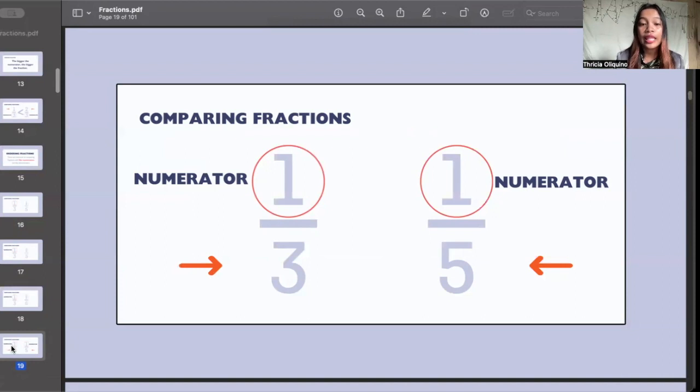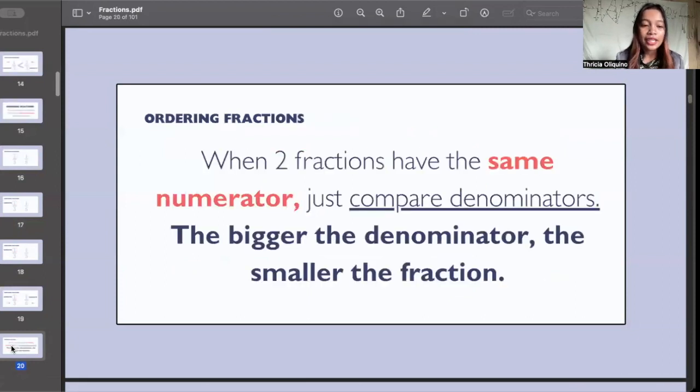We're going to look at the denominator. But here's the catch. When we are comparing fractions with the same numerator, the way is like this. When the denominator is bigger, the fraction is smaller. Bigger denominator, smaller fraction, when we are talking about same or like numerators.